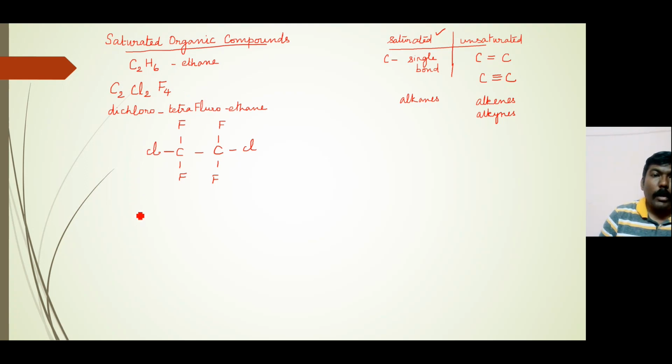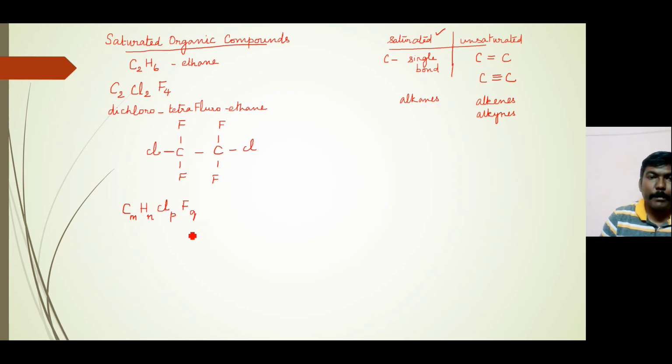What they do is, these organic compounds have carbon, hydrogen, and sometimes chlorine, and sometimes fluorine. The number of carbon atoms is represented by m, the number of hydrogen atoms by n, chlorine by p, and fluorine by q.